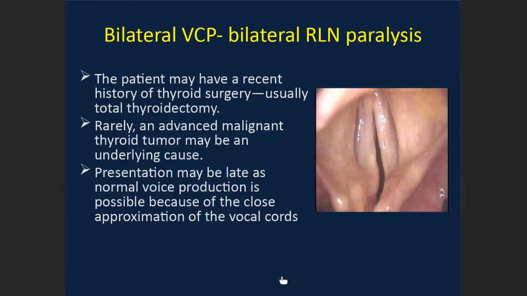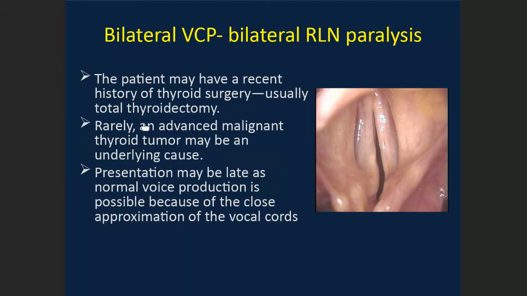Bilateral vocal cord paralysis: now we have bilateral recurrent laryngeal nerve paralysis. If it's bilateral, that affects the posterior cricoarytenoid. The patient will have respiratory distress, not only dysphonia, so the management changes. Rarely, an advanced malignant thyroid tumor may be the underlying cause.